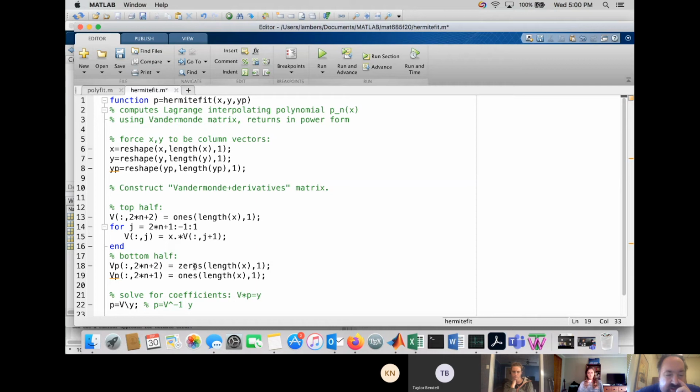Okay. So now I'm going to go from right to left again and multiply by x. But I have to take into account the derivative.